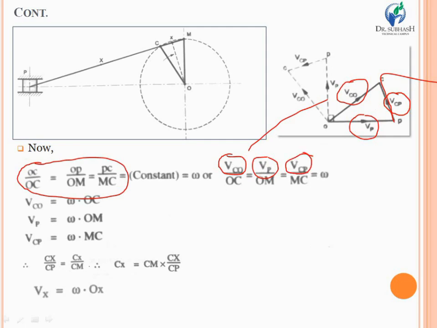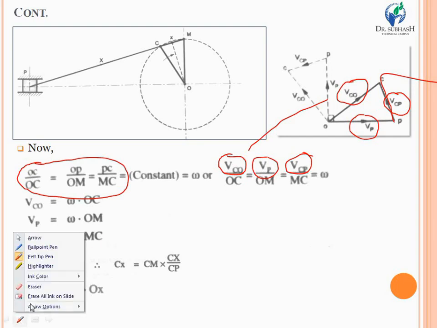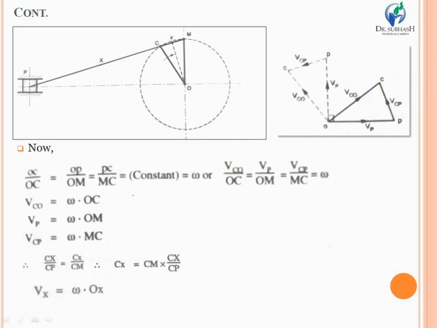By putting so, you will have the relation VCO upon OC is equal to VP upon OM is equal to VC upon MC, that is equal to omega.